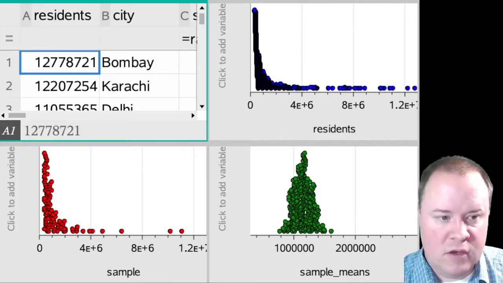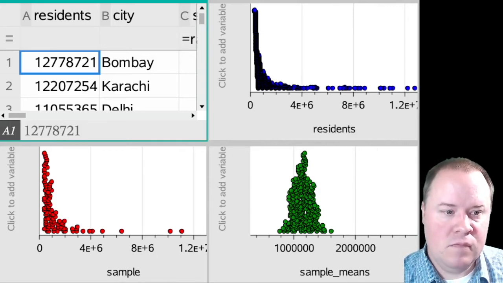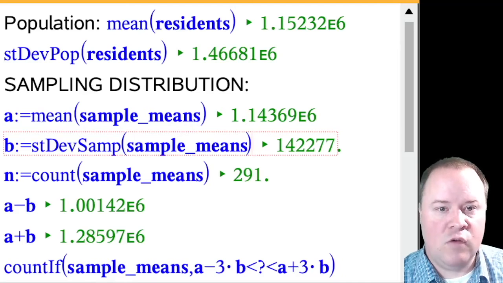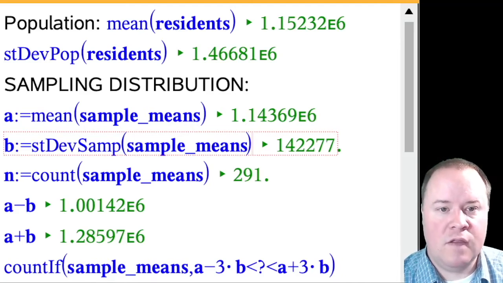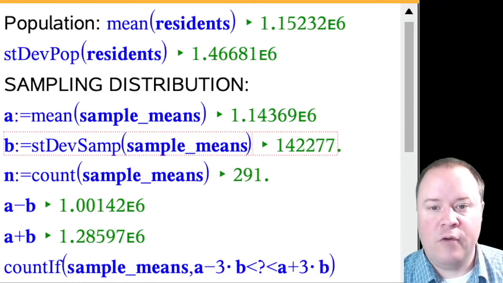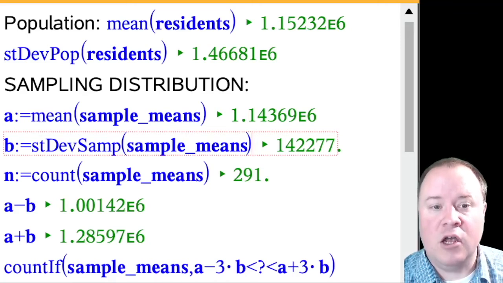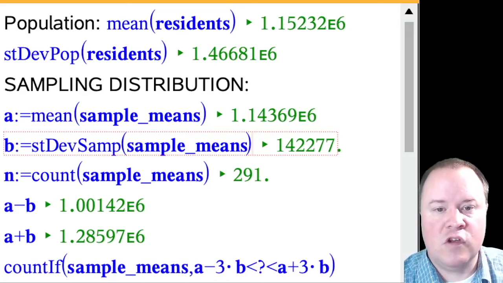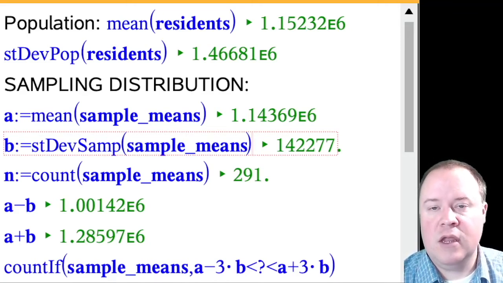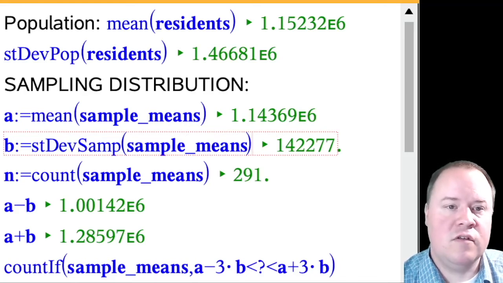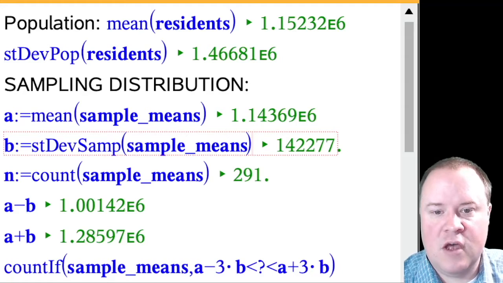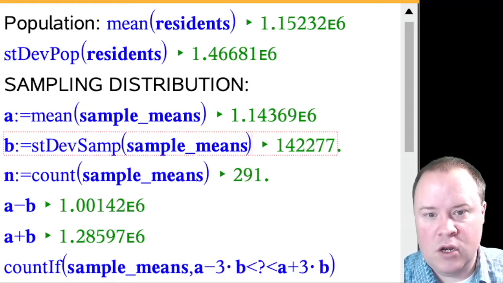One of the things we can look at here is that the actual population mean is 1.15 million, and the standard deviation is 1.5 million. For our sampling distribution of samples of 100, the mean is almost identical to the mean of the population. And of course, I stopped at 291.